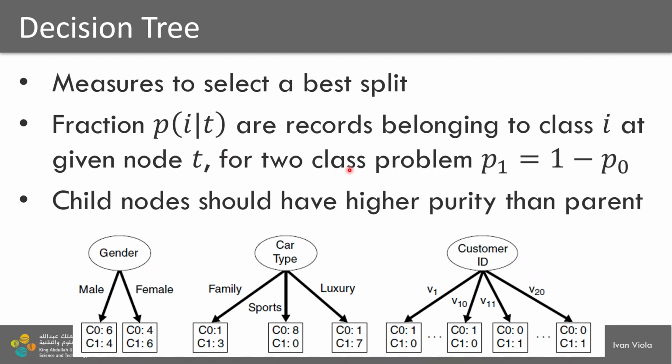For two-class problems, we can, for example, think that p of class 1 is 1 minus p0, where p is a probability. This probability is just one way to express the frequency, in some sense the normalized frequency, normalized against all the records at the node t.